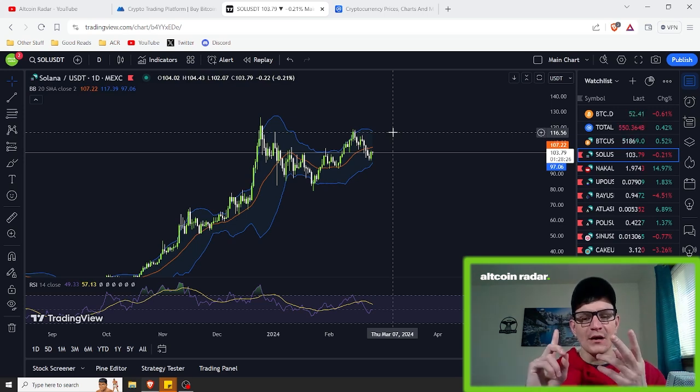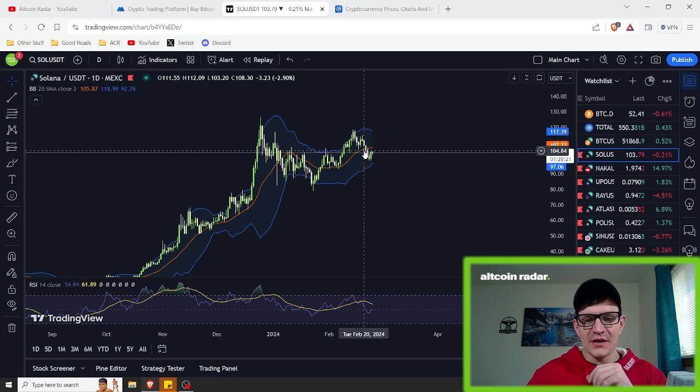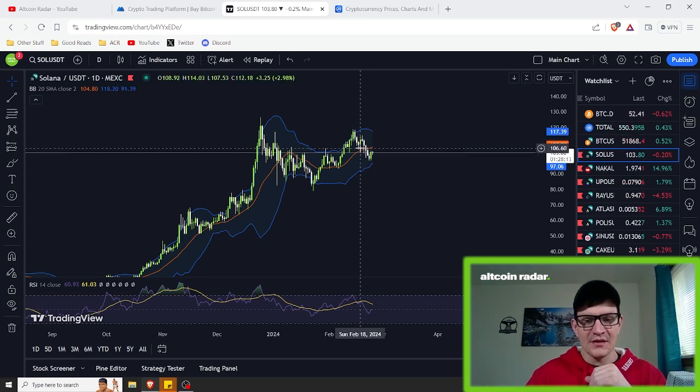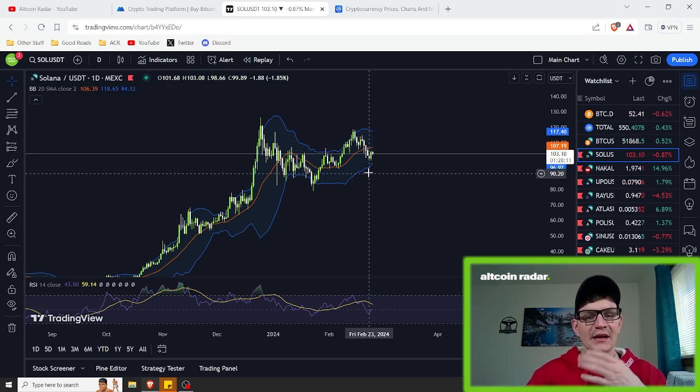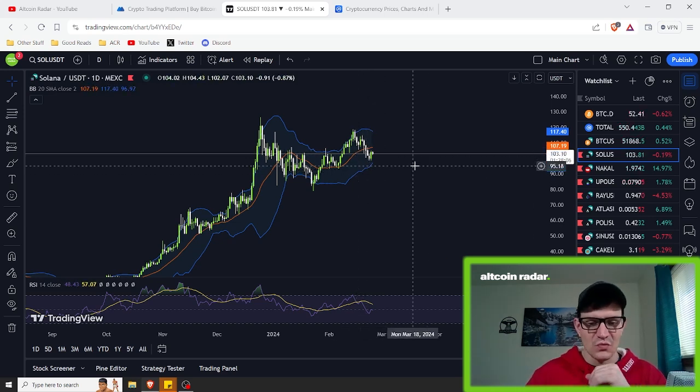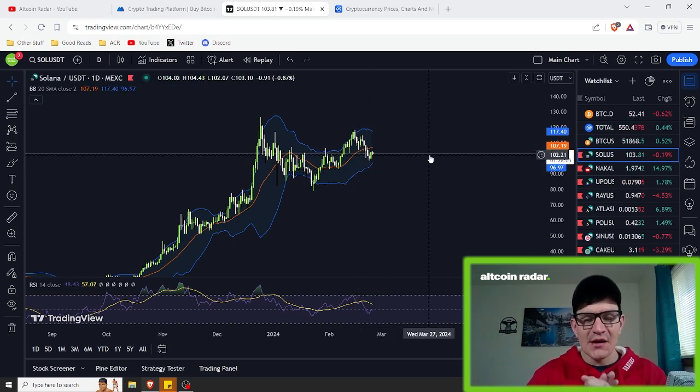The middle band is basically a 20-period simple moving average, and the upper band is a specified deviation from the middle band, and the lower band is again another deviation from the middle band as well.